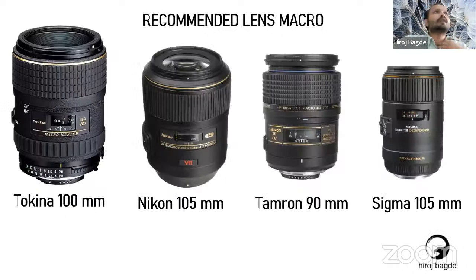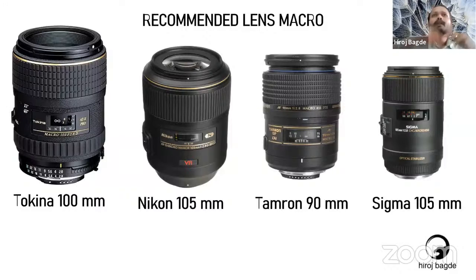Now the second portion of what we are going to be learning today is about the lenses. Let me tell you my recommendations. Various companies are manufacturing different kinds of macro lenses. Why are they called macro?